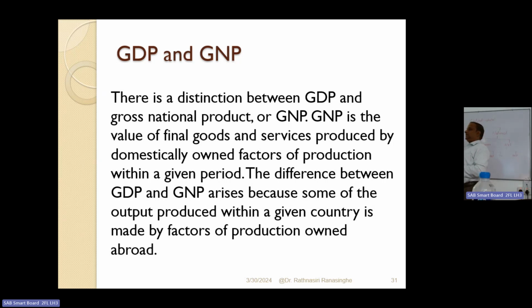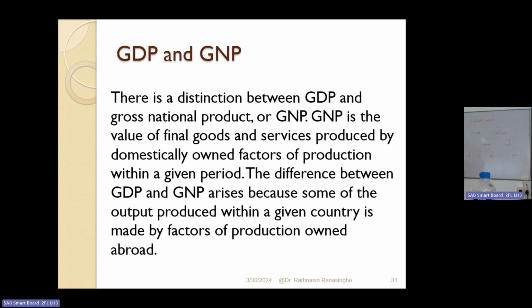To measure, we compare with the previous year GDP, identify the difference, divided by the previous year GDP, into 100. That measures the economic growth, right? Changing output compared with the previous year. So for that we use the constant price.